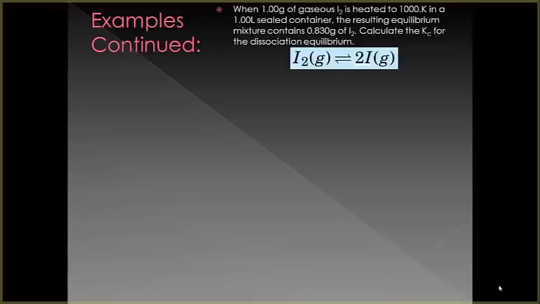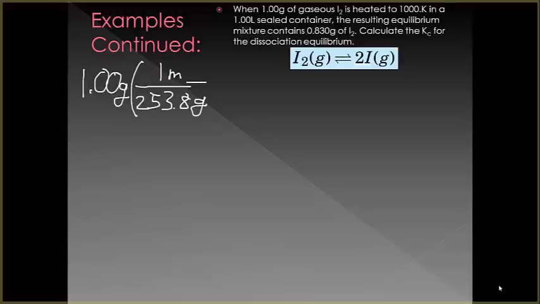So when we go to do this, we'll start with 1 gram. We'll divide by the molar mass to get how much we had.